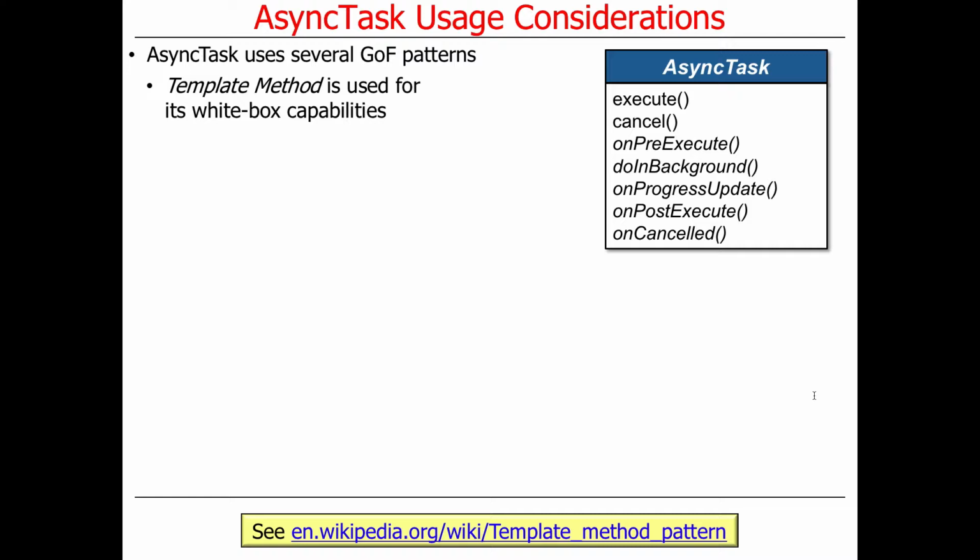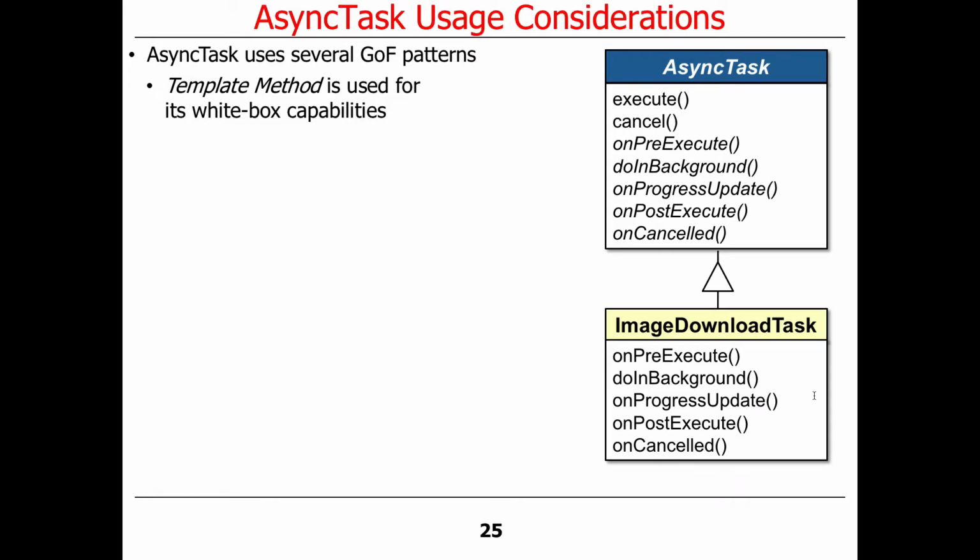And then it defers some parts of the algorithm's steps to subclasses or allows the subclasses to selectively override those steps by so-called primitive methods, or what I like to call hook methods. So that's what template method does, and that's used extensively. You've got all these methods in AsyncTask that can be overridden, and you can override some of them if you so choose in order to be able to customize the behavior of the AsyncTask using the framework.